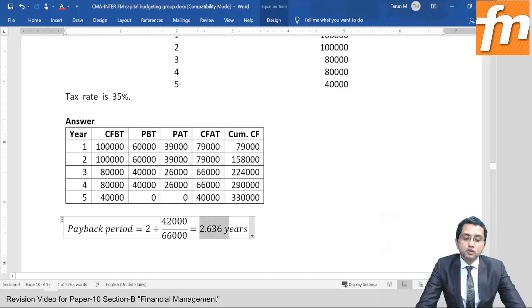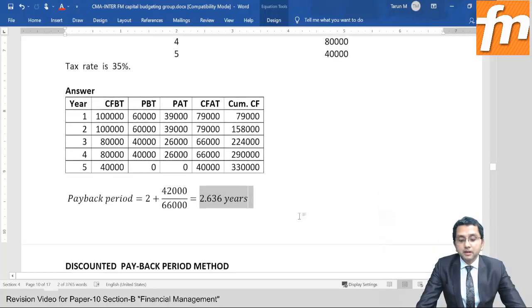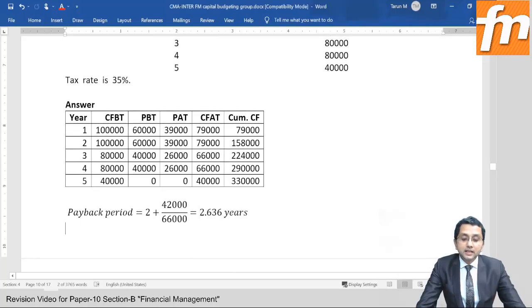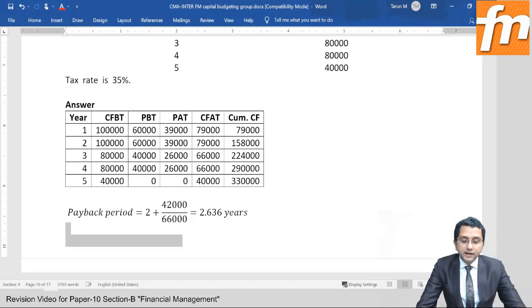So this way it is 2.636 years. My payback period is 2.64 years, I can say that. Or if I convert it into months, I can do it like this: 0.636 into 12 months, 7.6 months.